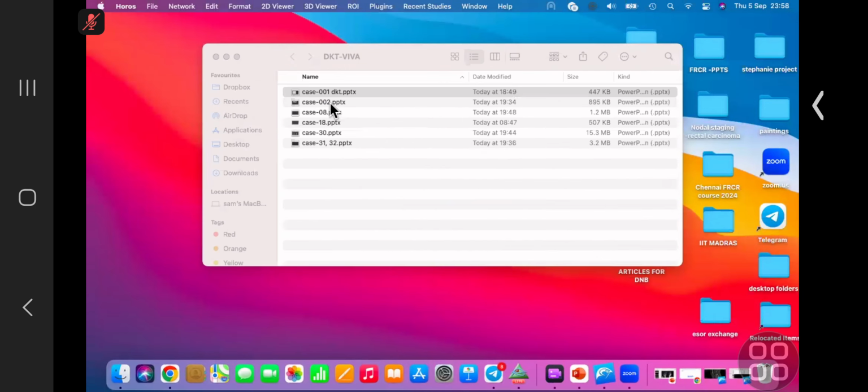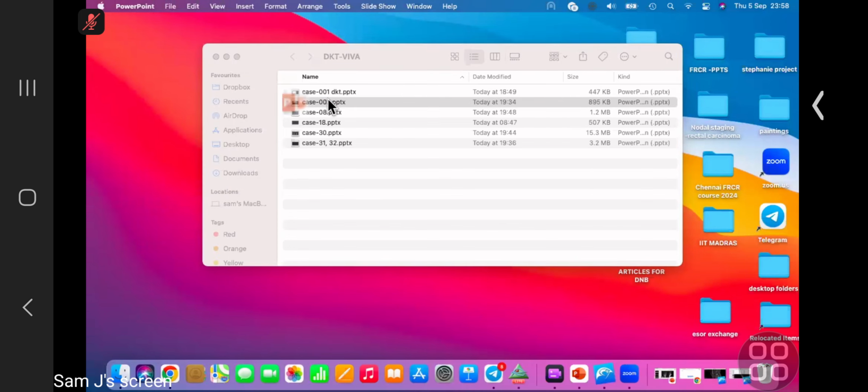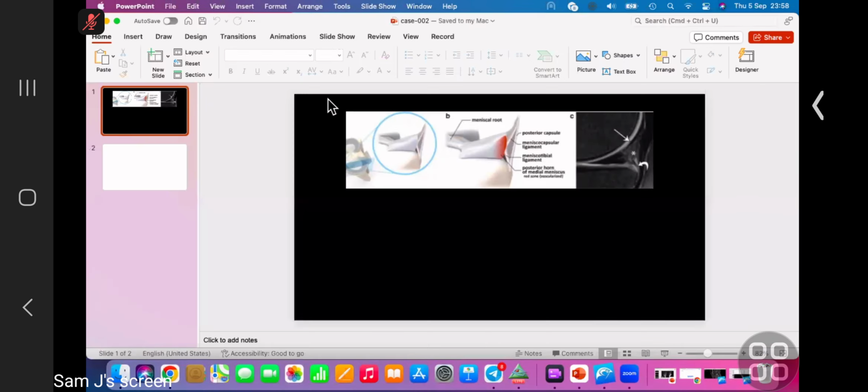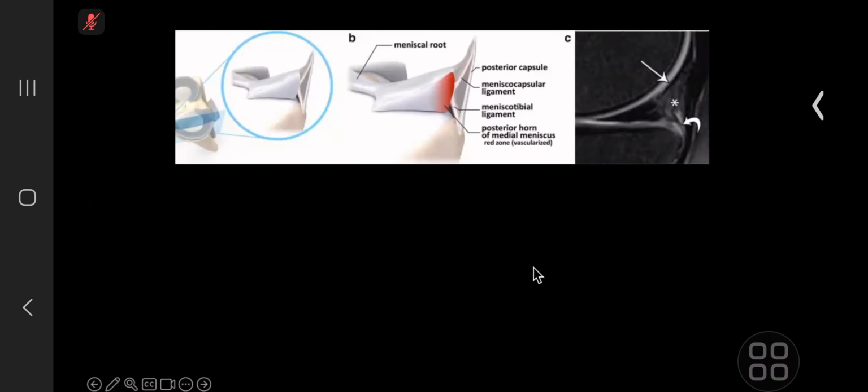Based on the junction, why it is very critical and important to pick this finding. So that's the meniscal root, and you will get these two ligaments. That joins and forms the meniscocapsular junction. That's the posterior most capsule, and that's the meniscocapsular ligament, and this is the meniscotibial ligament.